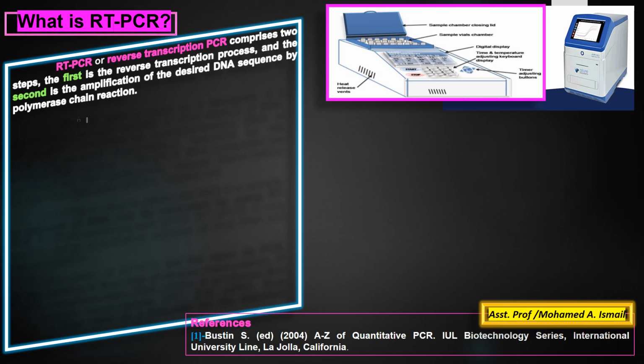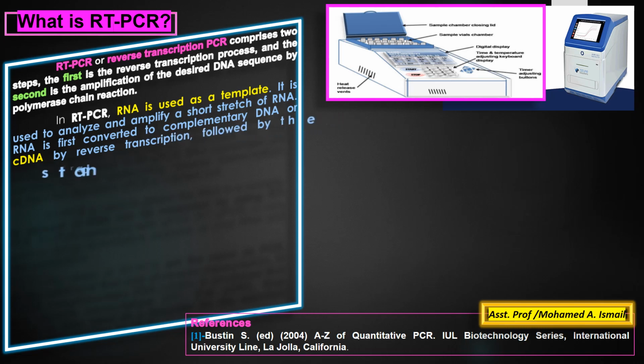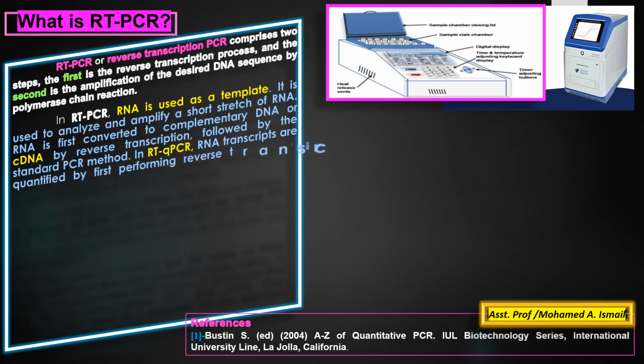So in RT-PCR, RNA is used as a template. It is used to analyze and amplify a short stretch of RNA. RNA is first converted to complementary DNA or cDNA by reverse transcription, followed by the standard PCR method.